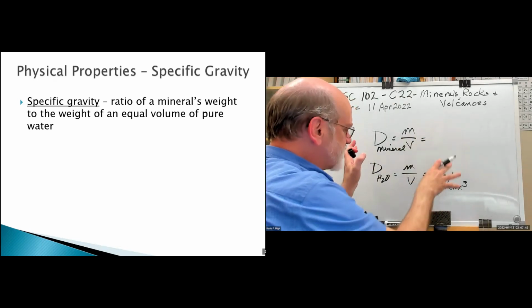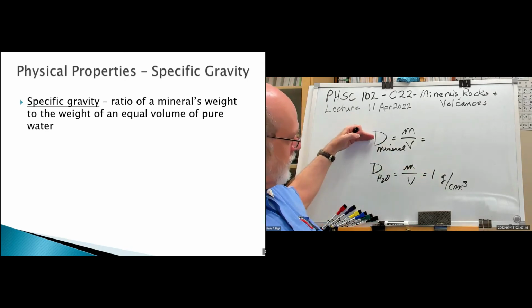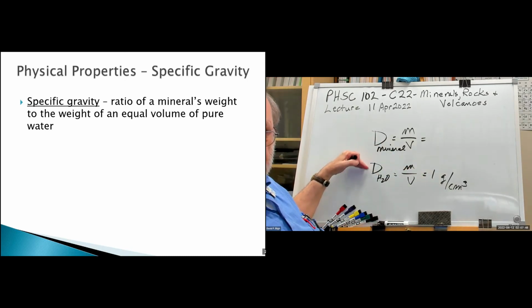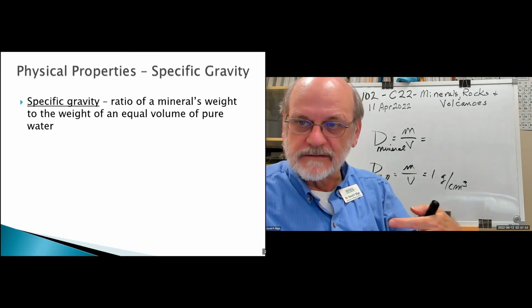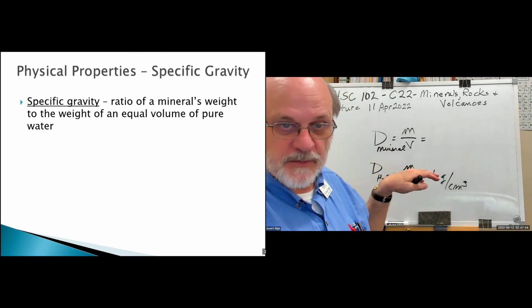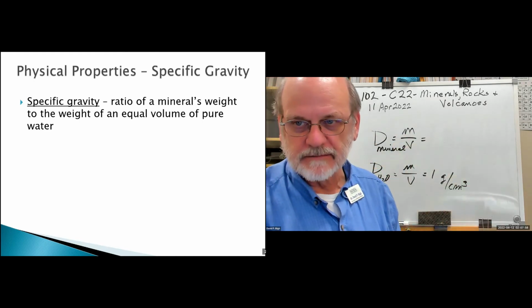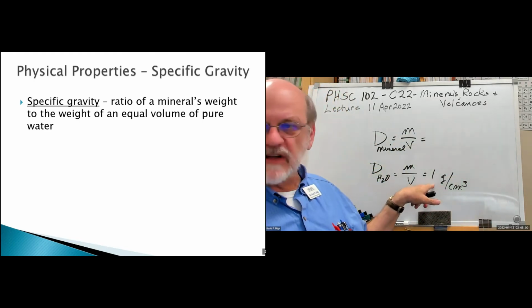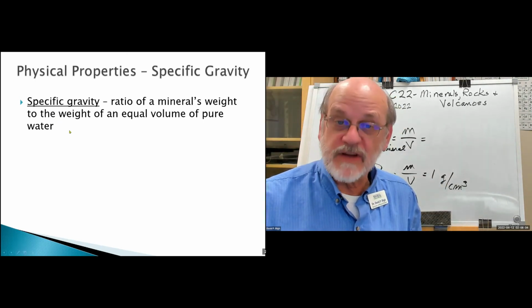So whatever that happens to be, you ratio the density of the mineral to water. So the specific gravity is roughly equal to the density. Not exactly, because this is not an exact number either. But that's what specific gravity means.